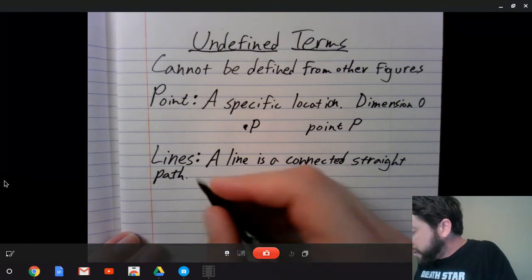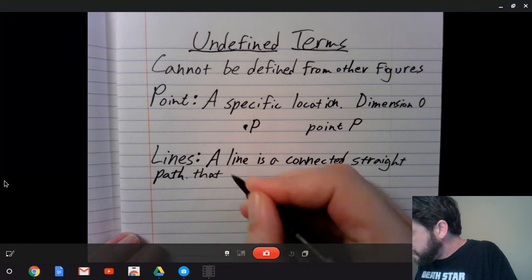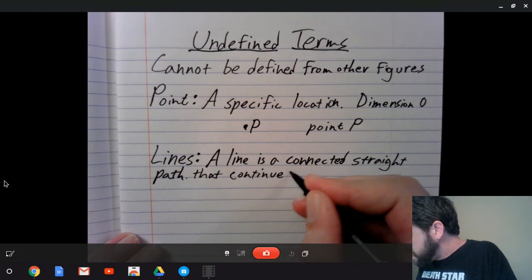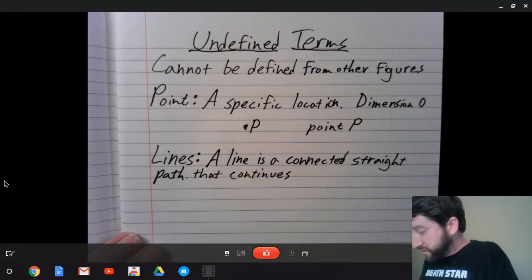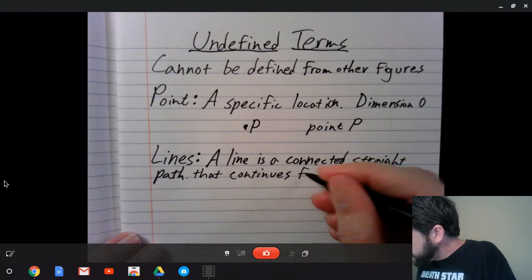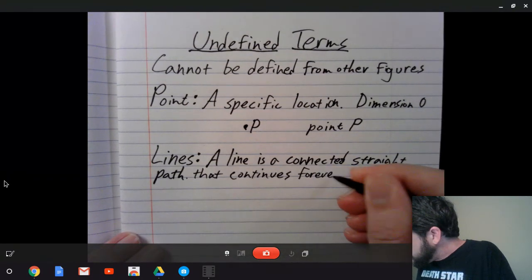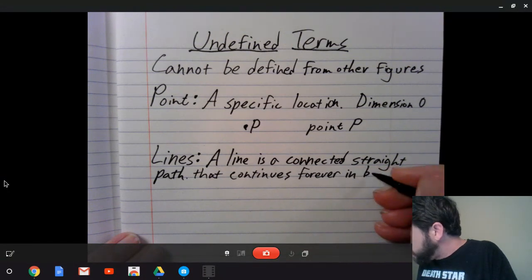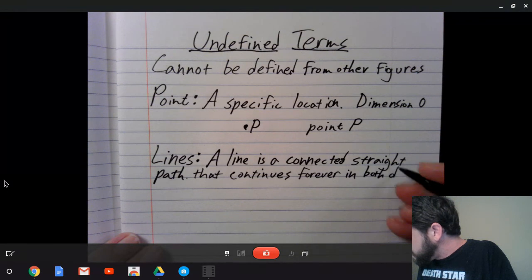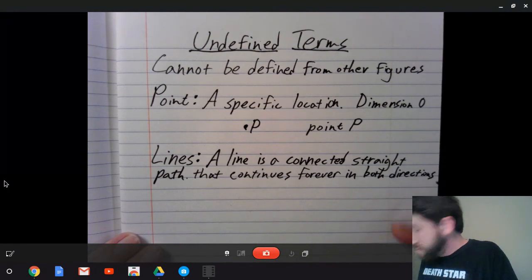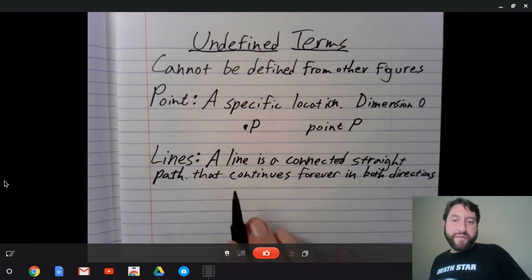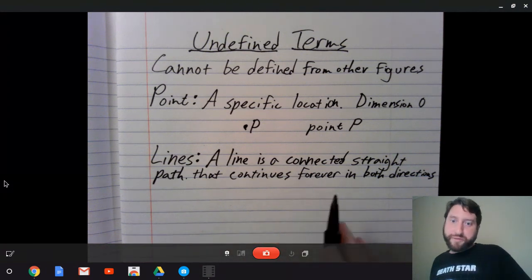So a straight path that continues forever in both directions. And that's also important, both directions. All right, so a line is a connected straight path that continues forever in both directions.